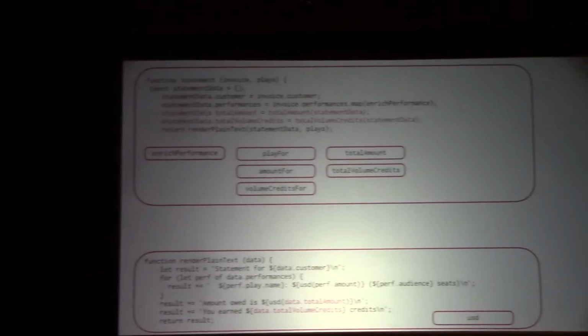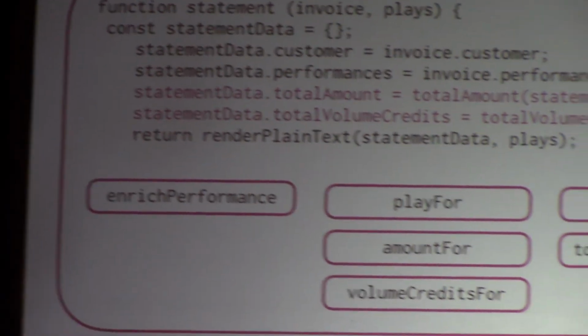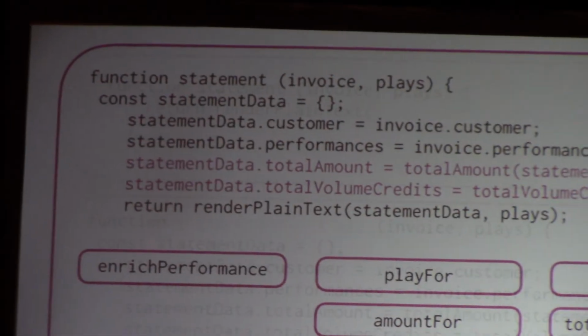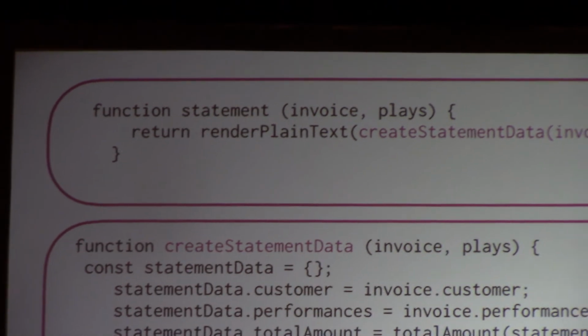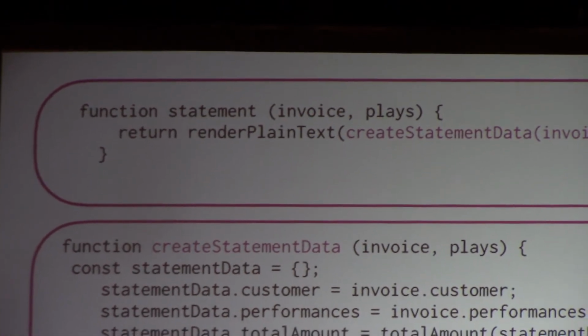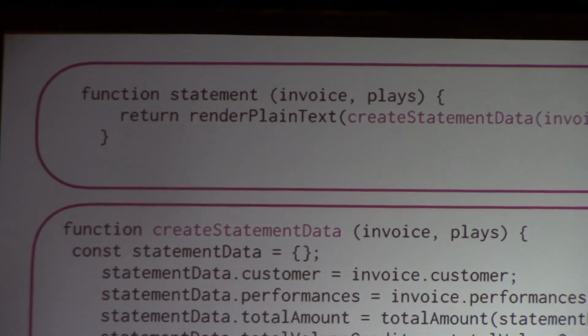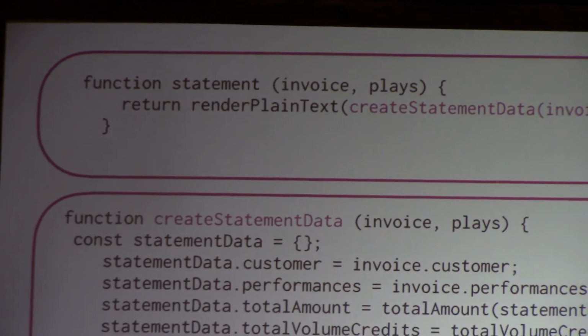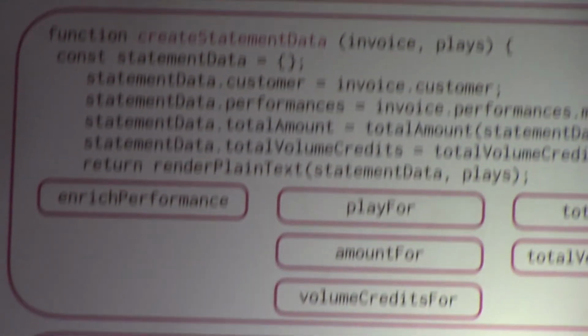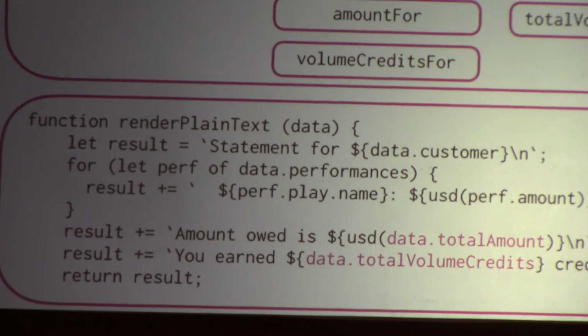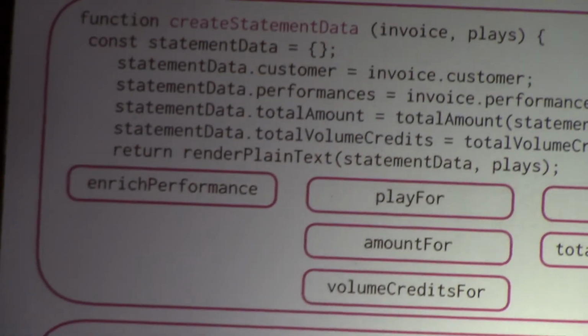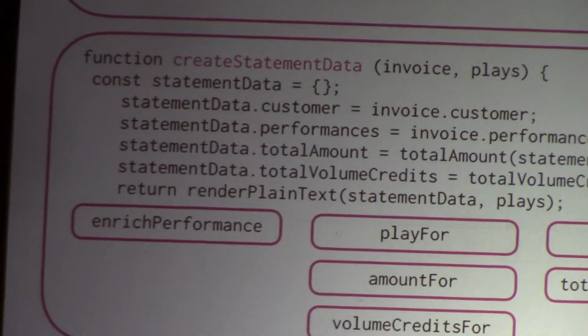Now, at the moment that works fairly well, but I've got a big block of code there. So what do I want to do? I want to turn it into its own function. So now we see the two phases are very clearly separated. Creating the statement data does all the calculations, render plain text renders the output, and then the overall statement function just glues the two together with a simple bit of function calls.